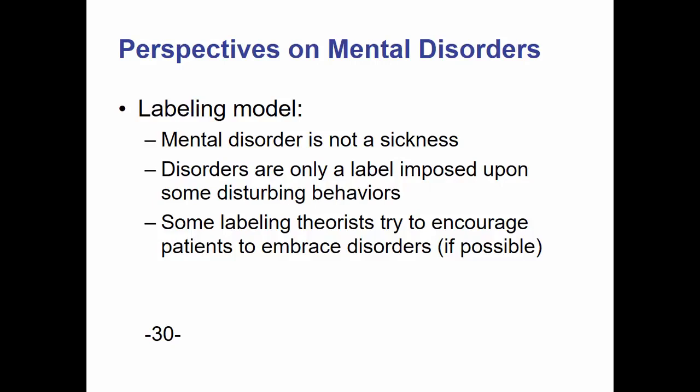And disorders are only a label imposed on people with some disturbing behaviors. So who is the crazy person? Who is the ill person? Sociologists point out that that is a social process. And some labeling theorists, some is the key word, try to encourage patients to embrace their disorders if possible.